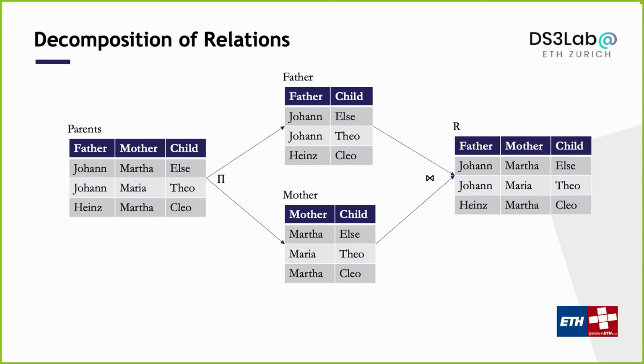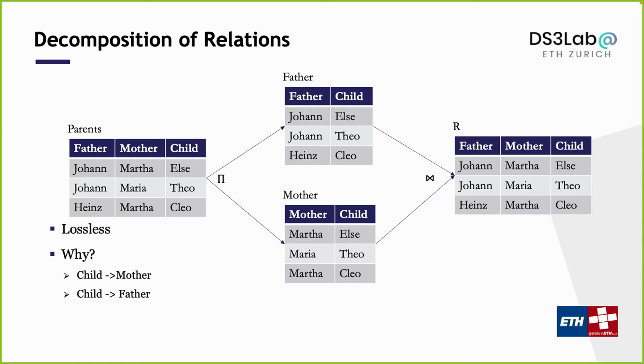Because if I join the two smaller ones into a bigger one, that's the same as my original relation. Why? Because in this example, the functional dependency child to mother actually holds. And because of that, without running this decomposition, you can know this decomposition will be lossless.